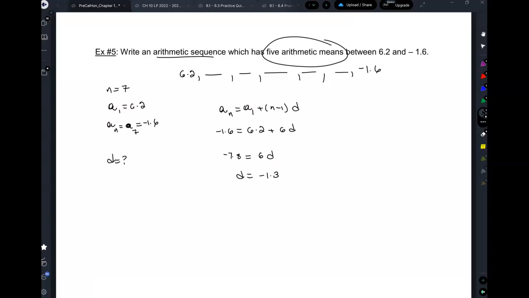Now that you found D, what are you going to do? You're going to subtract that number from each of these. So minus 1.3 gives you 4.9. Minus 1.3, 3.6. And then 2.3, 1.0, negative 0.3, and so on. Questions?